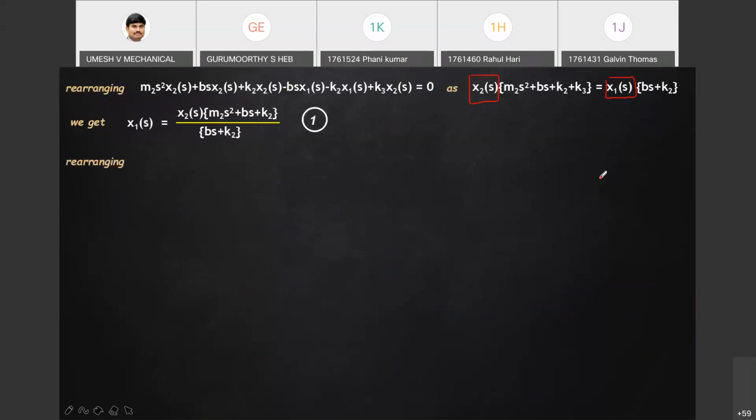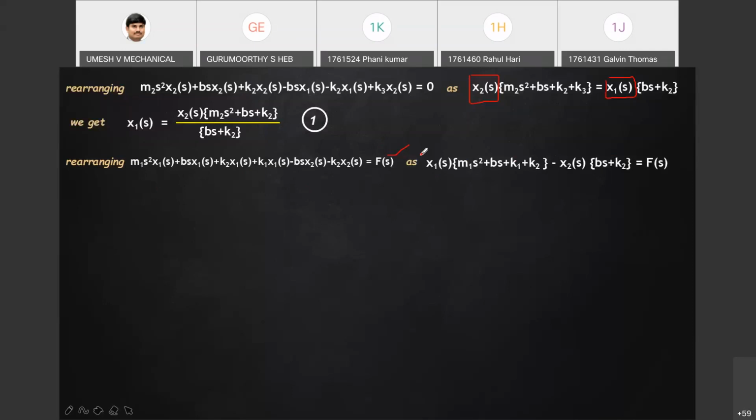So the other equation, the first equation we wrote earlier for the mass m1, take that equation, so you can write it as x1, coefficient. Okay. This way you can separate.